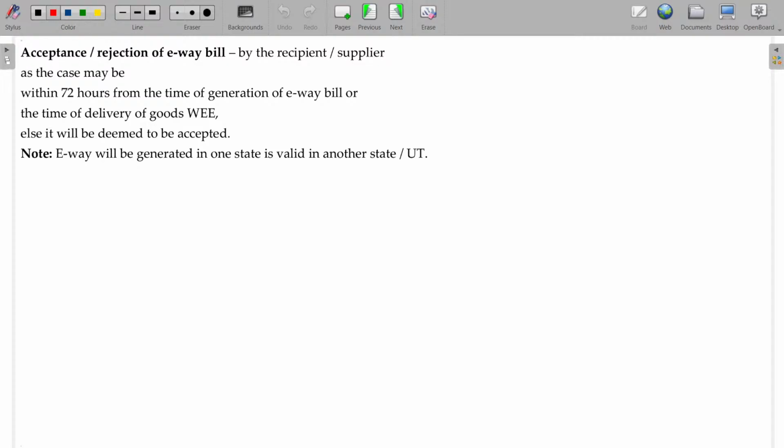And what happens to the e-way bill once uploaded? It may be accepted or rejected, as the case may be, within 72 hours from the time of generation of the e-way bill or the time of delivery of the goods, whichever is earlier.